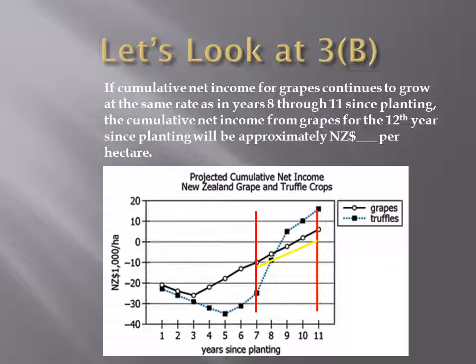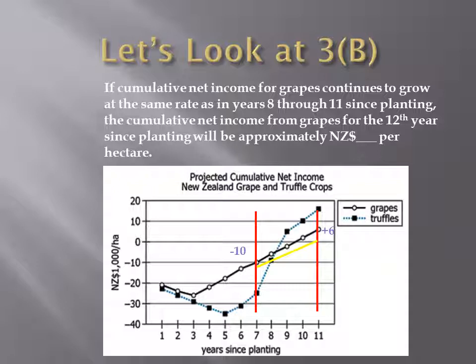If we look at the graph, we can look at the beginning of the 8th year or the end of the 7th year, and we can see that our value is equal to minus 10. And then if we look at the end of the 11th year, we can see our value is about plus 6.